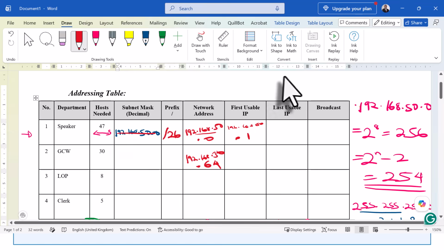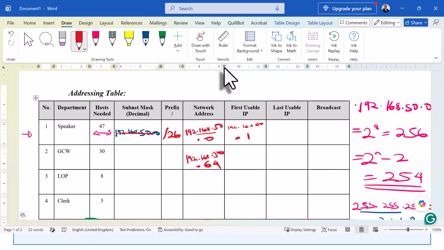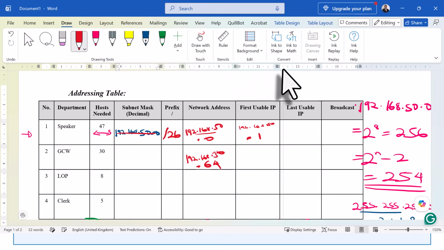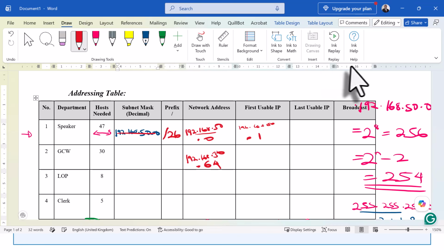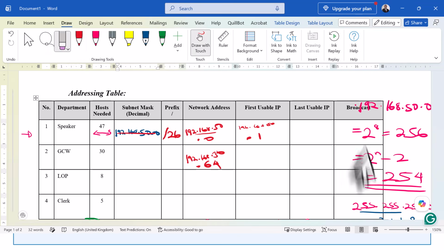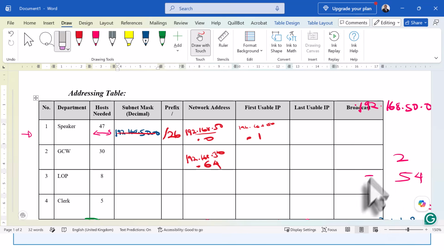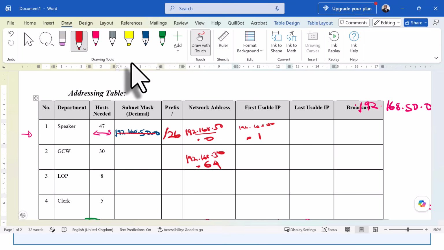Let me try to just make my table a bit bigger. And let me wrap this away. Okay, good. So after wrapping that away, let me write our original subnet mask here.